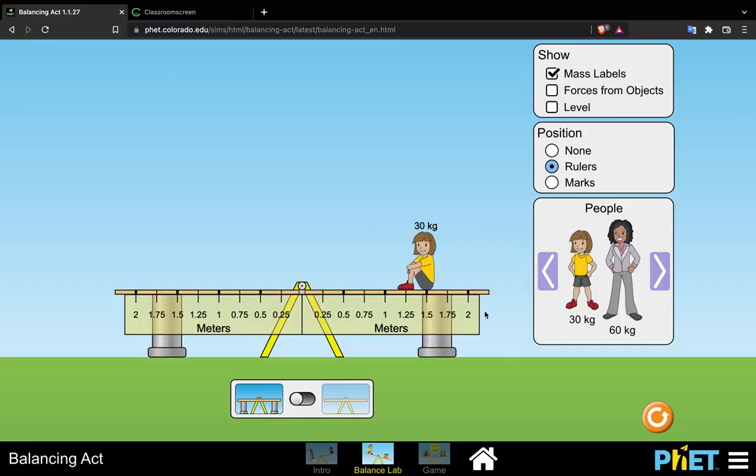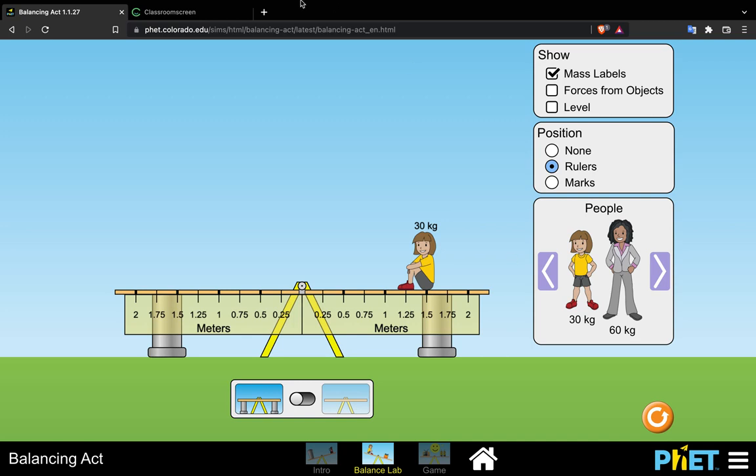Now her mom, she's obviously heavier than her child. Her mom is 60 kilograms, and you can only sit like 0.25, 0.5, 0.75, 1. You can't just sit in the middle like that. So her mom's movement has to be lesser than 45. So now where will she sit?